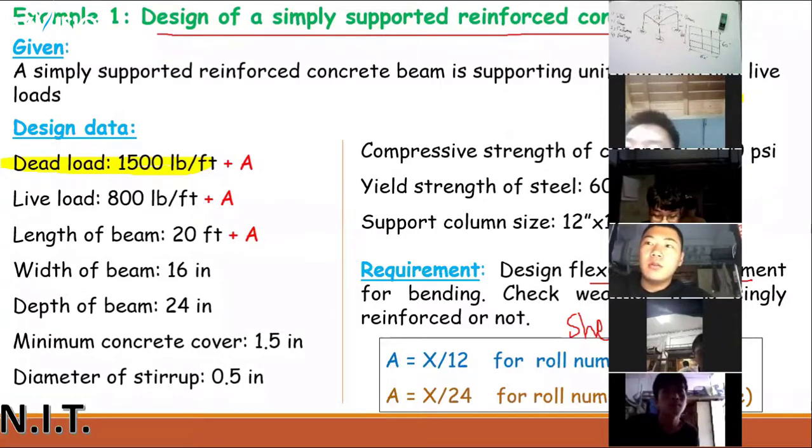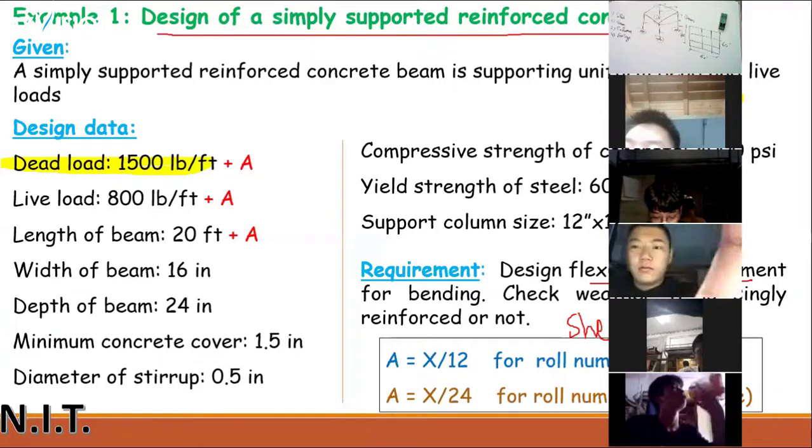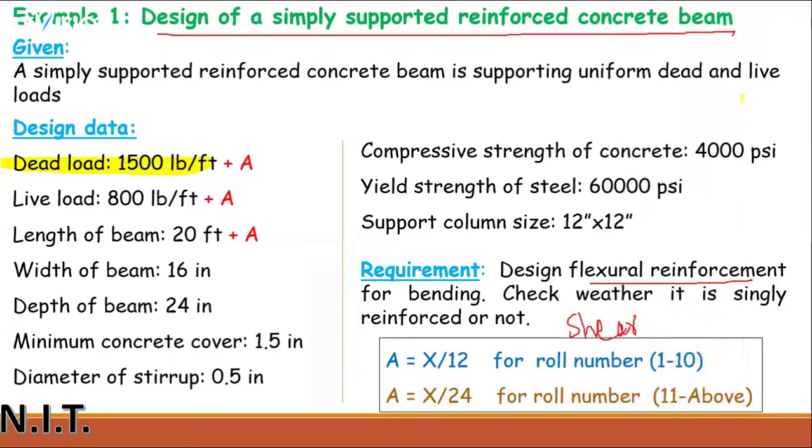The last two integers are 18. So you have to divide 18 by 12. Okay, this is also your homework. You have to solve this homework and show me in the next class. I will check your homeworks first.